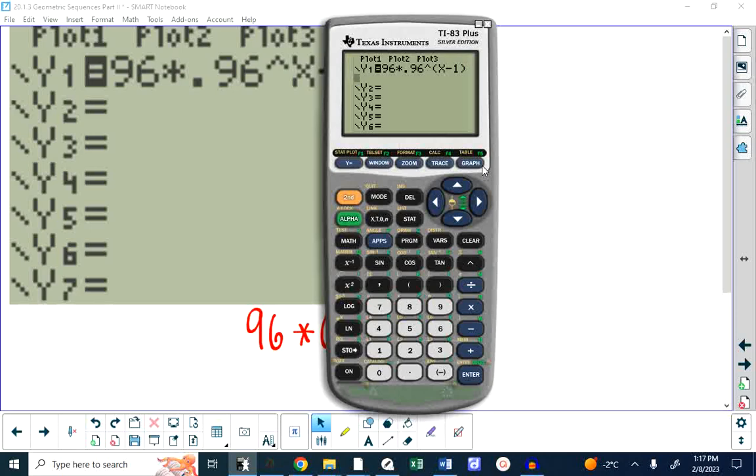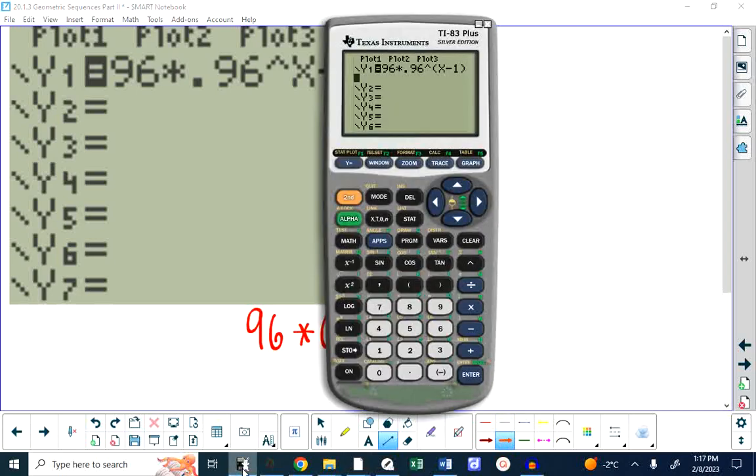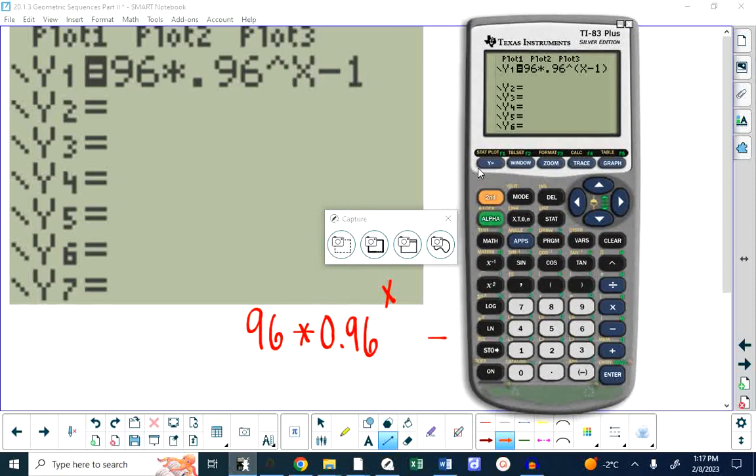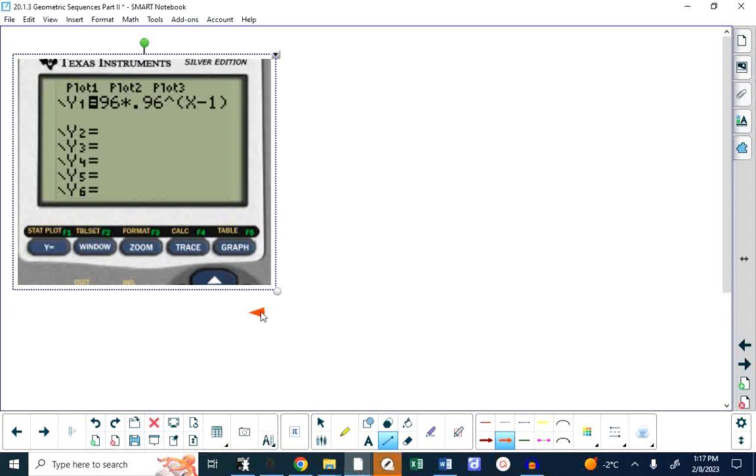When you set up your table, you go to the part of your calculator that says table set, and it's second window. There we go. So where you are going to go is here to set up the table.